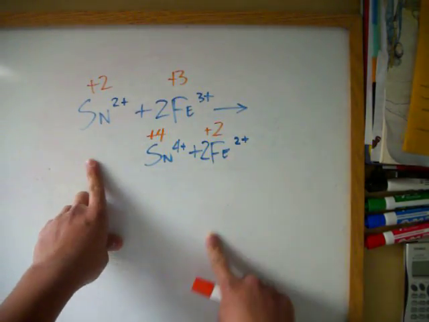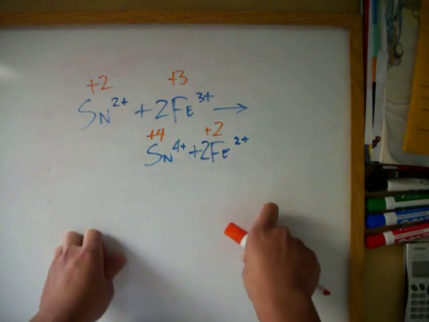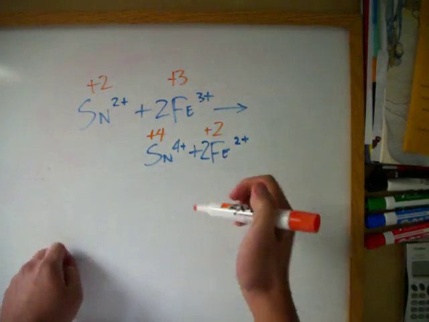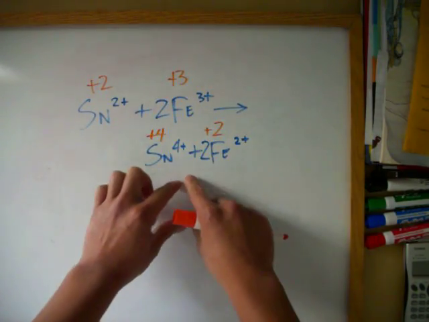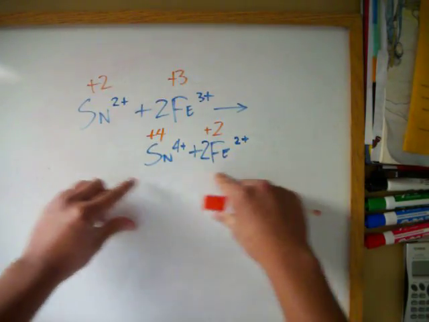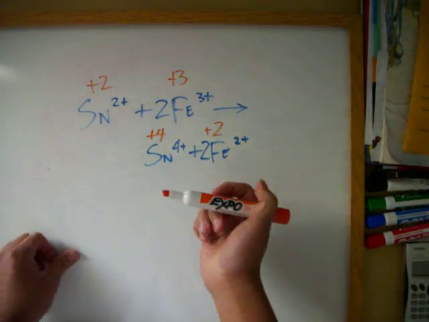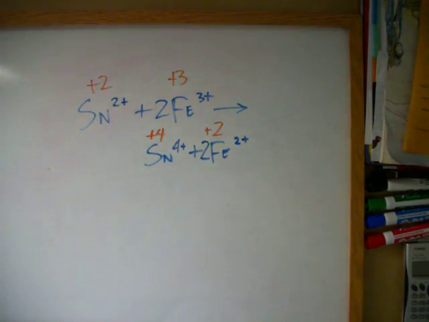Now, to solve a redox reaction, to balance it, actually, we have to break it apart into 2 half reactions. One half reaction is for the oxidation, the element being oxidized, and the other one is the element being reduced. So let's write them down.